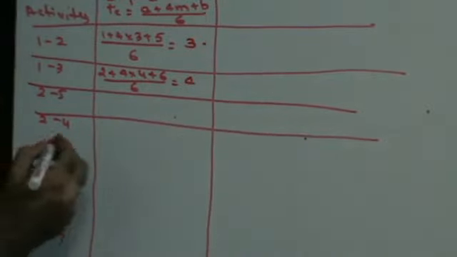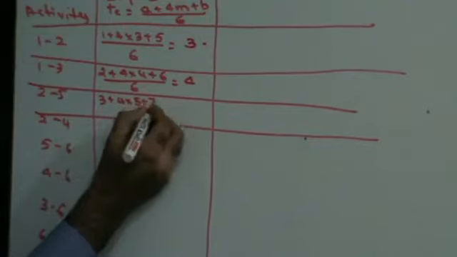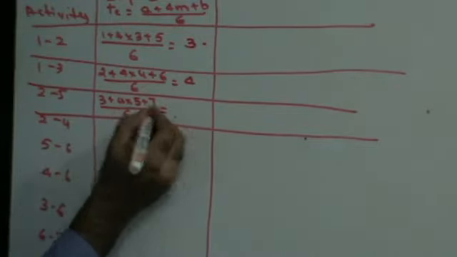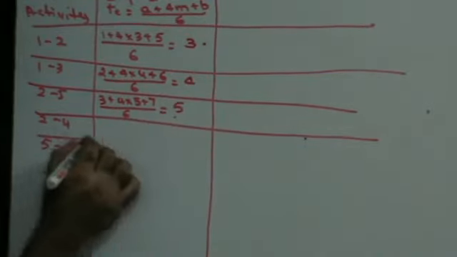Next, 3 plus 4 into 5 plus 7 upon 6: 4 5s are 20, 30, 30 upon 6, 5.